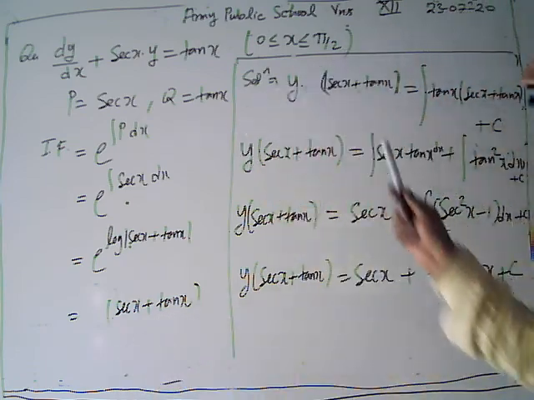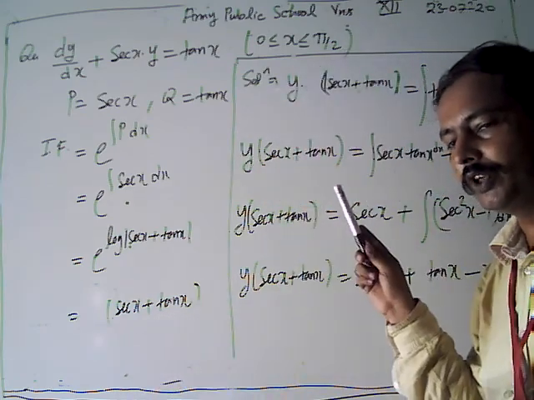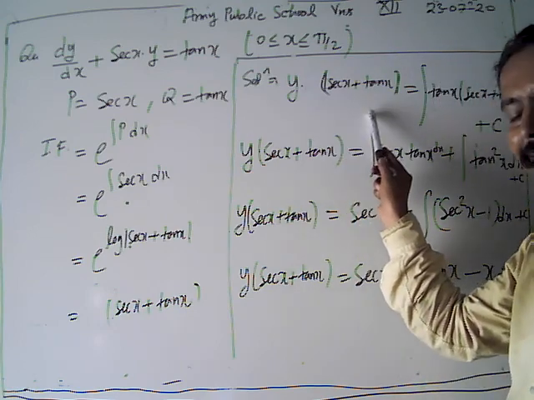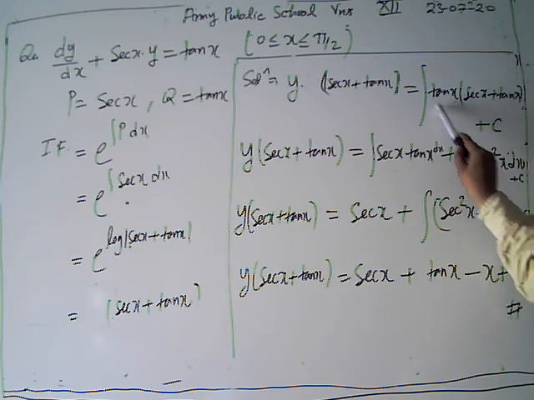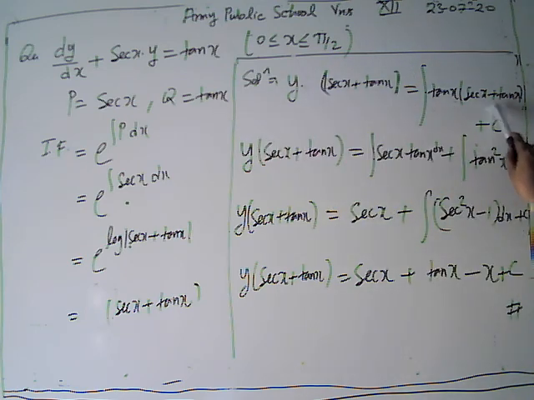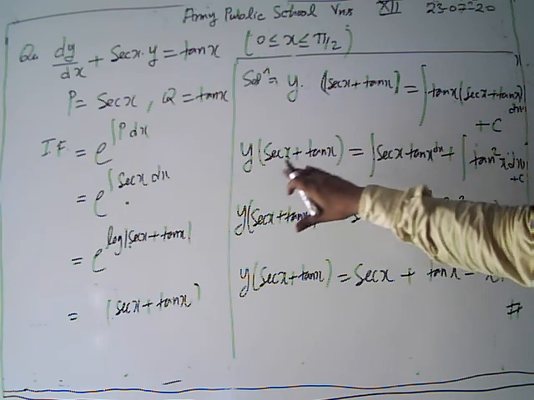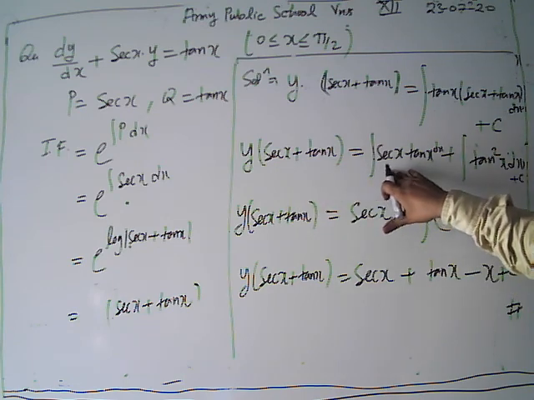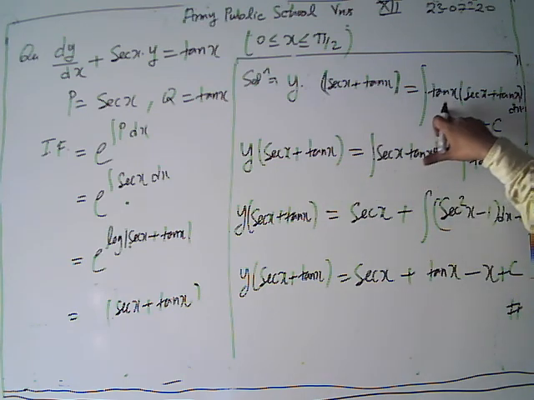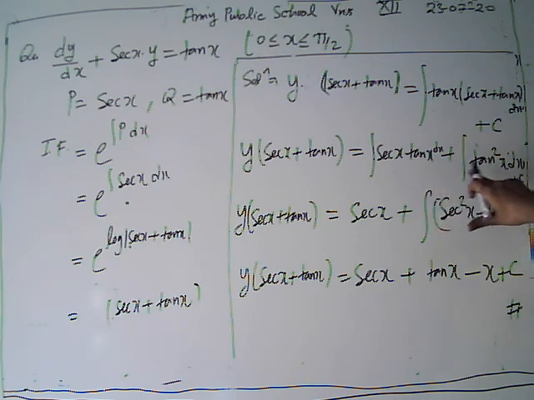Now to get the solution, what do we do? Our solution is y into the integrating factor equals the integration of q into IF dx plus c, where q is tan x. Now y into this IF, sec x plus tan x, is equal to the integration of sec x multiplied with tan x into sec x dx plus tan x into tan x, tan square x dx.